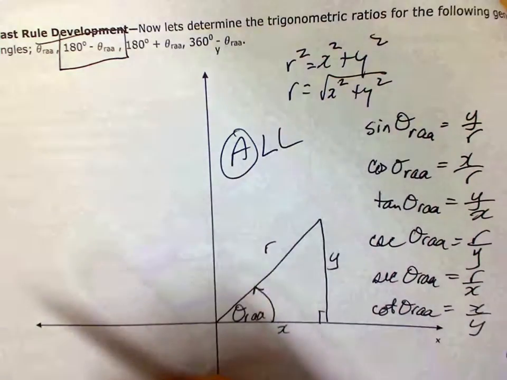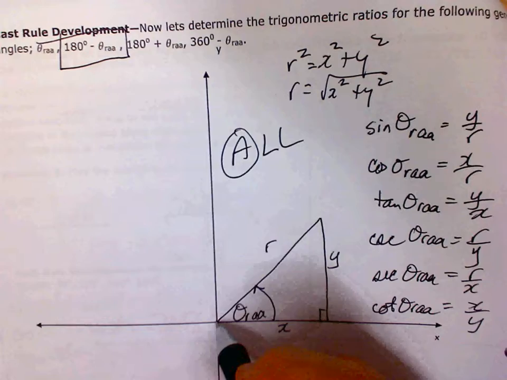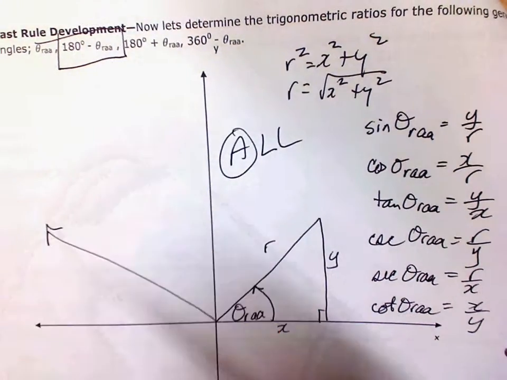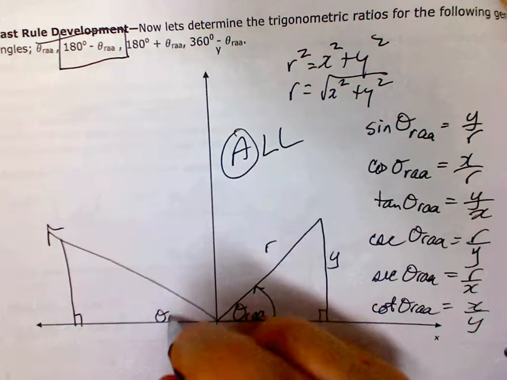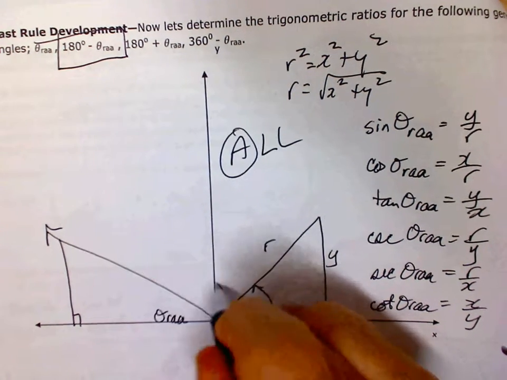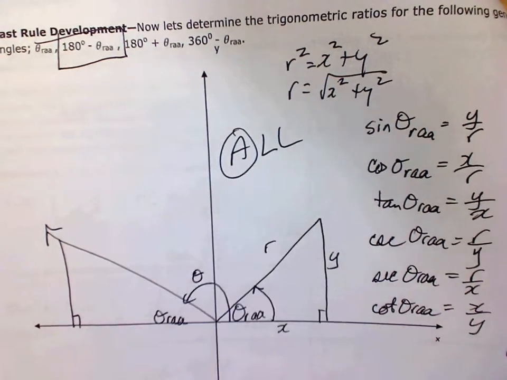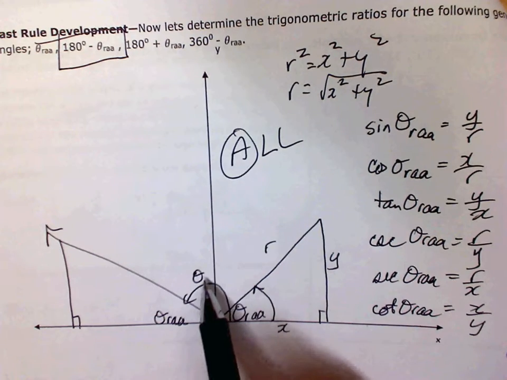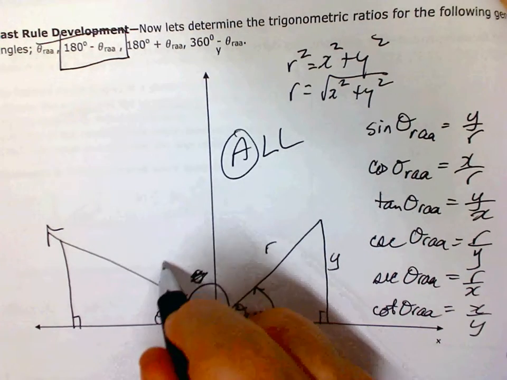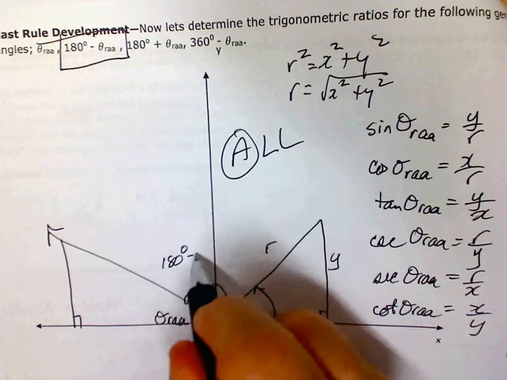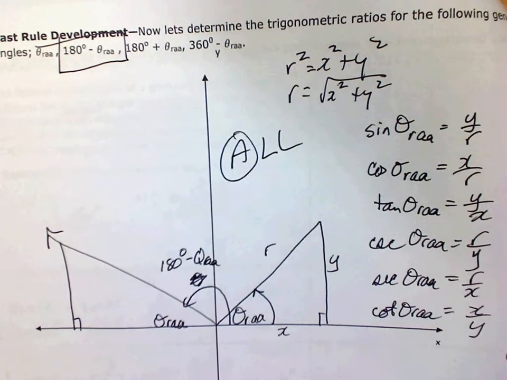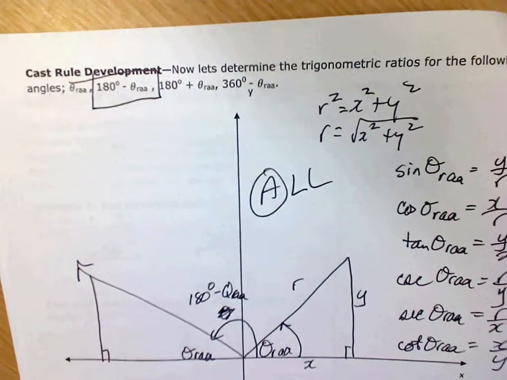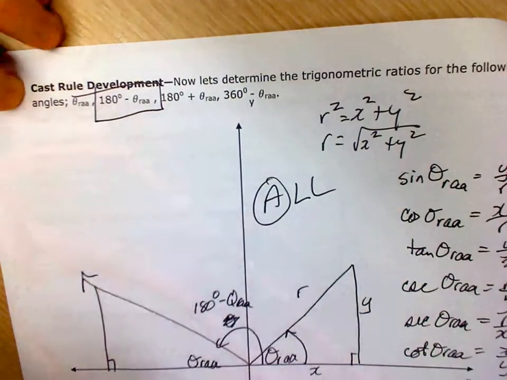So here we have the terminal arm, right? This is theta RAA, but this is our theta. In this case, our theta is 180 minus theta RAA. So, just slap them down.